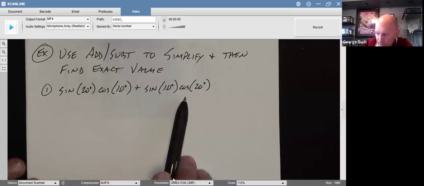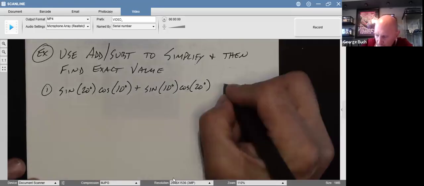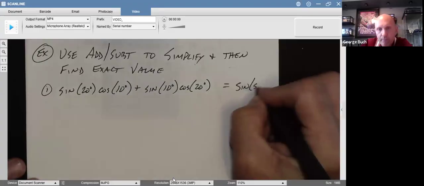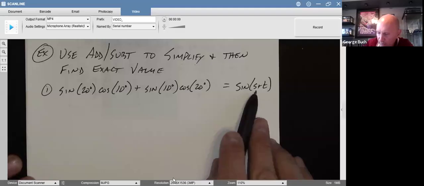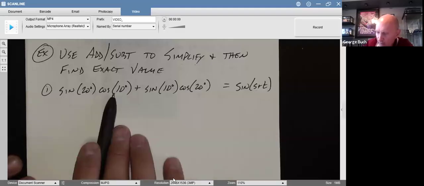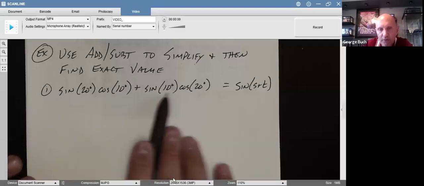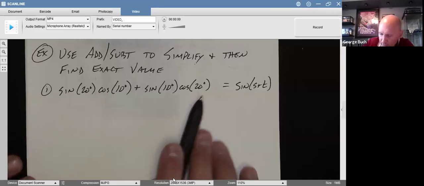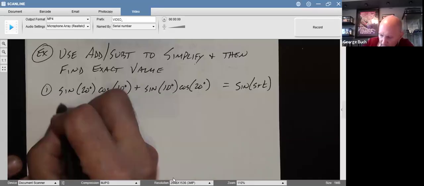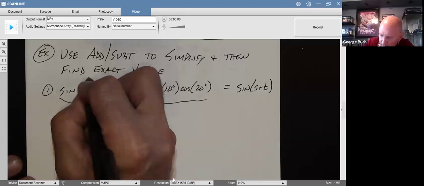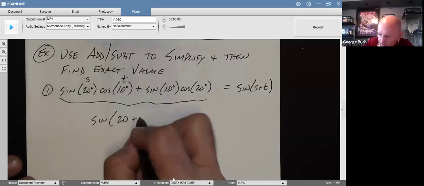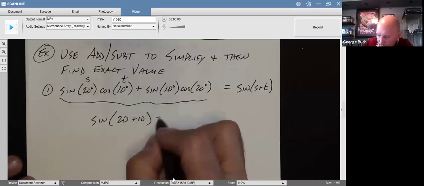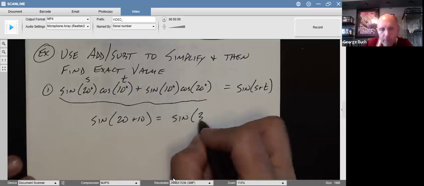Well, this is sine of s plus t, right? If I look at the formula for sine of s plus t, it's sine of s cosine t plus sine of t cosine s. So I can really write this thing, if this is my s and this is my t, as sine of 20 plus 10, which is sine of 30 degrees.